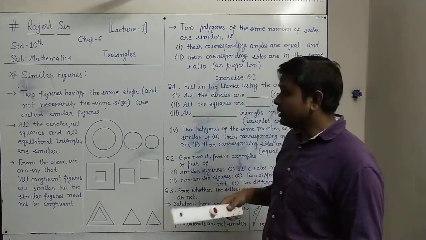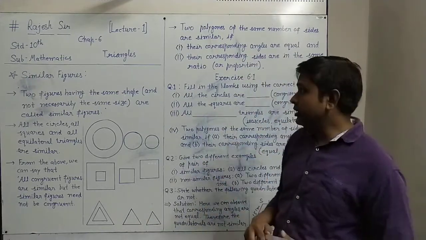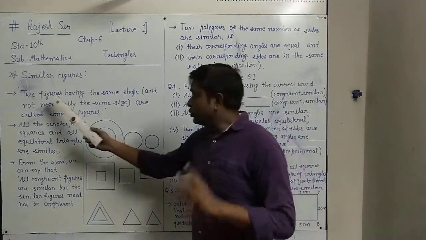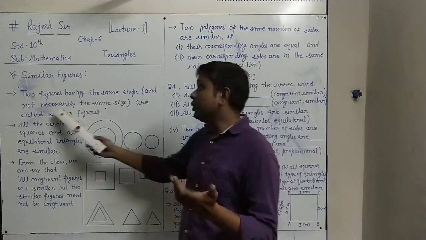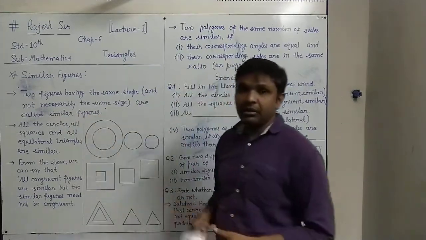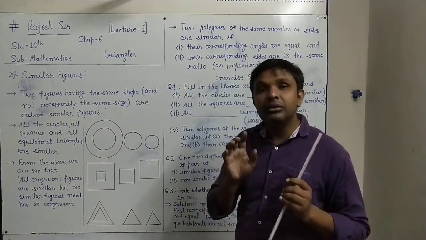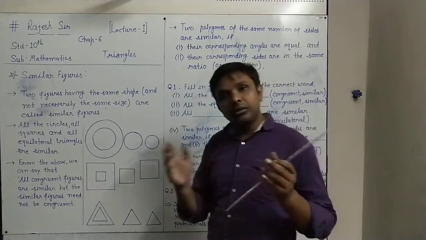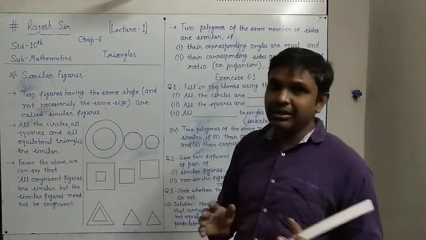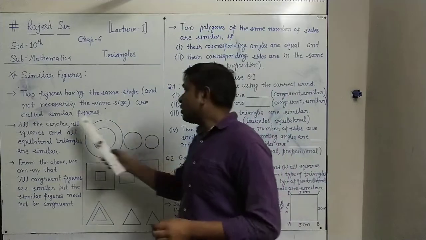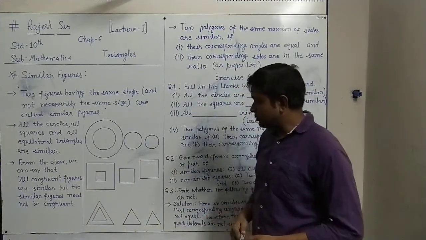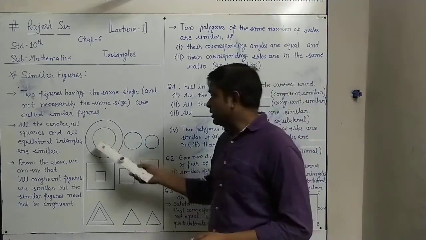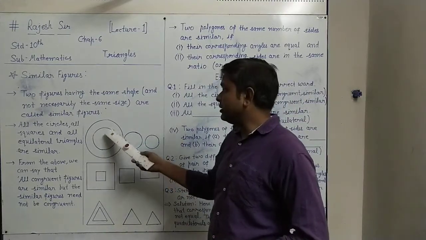Similarly for geometry, if two figures have the same shape and not necessarily the same size, then they are called similar figures. Simple. Like here, some figures we have taken: circles with different radii.